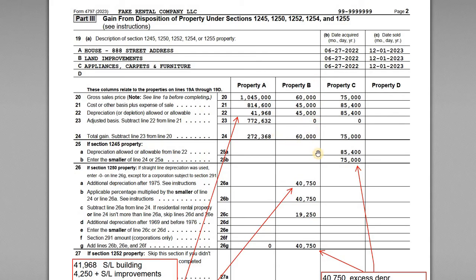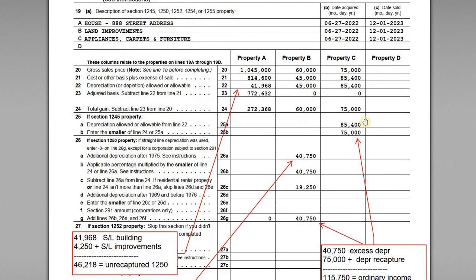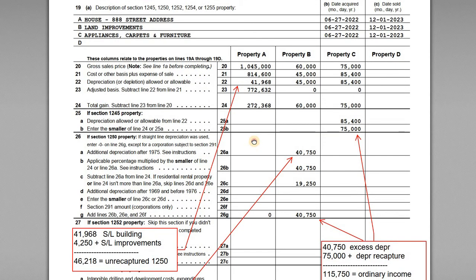The improvements, 15-year property, qualified for bonus depreciation. So we claimed $45,000 of bonus. And then the appliances, carpets, and furniture, section 1245 property, also was eligible for bonus. So we claimed $85,400 there. So the net adjusted basis on line 23 is 0 for the 1245 property, 0 for the improvements, and 772,632 for the building.